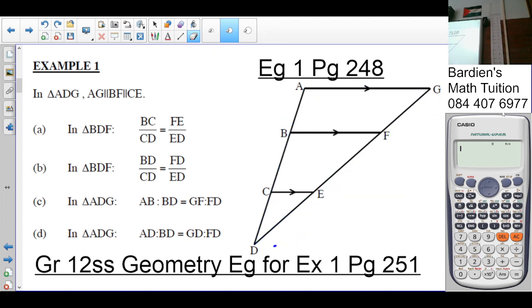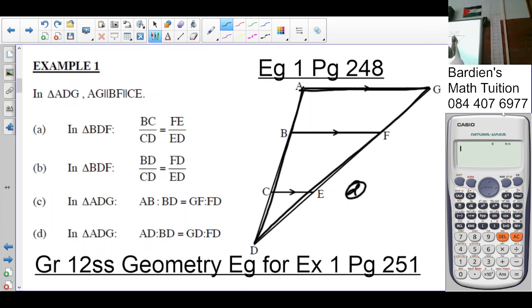Alternatively, you could have looked at another one. In D, they're looking at triangle ADG. Again, they use those lines that are parallel by the looks of it.